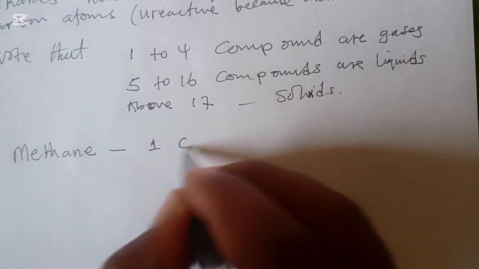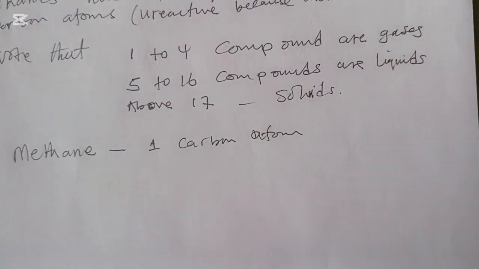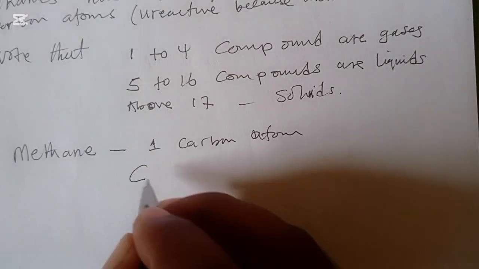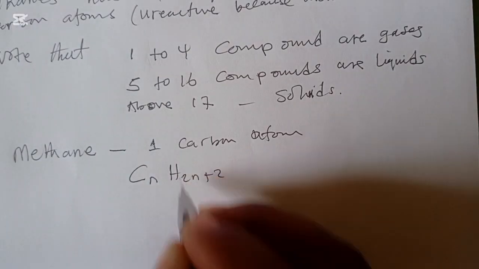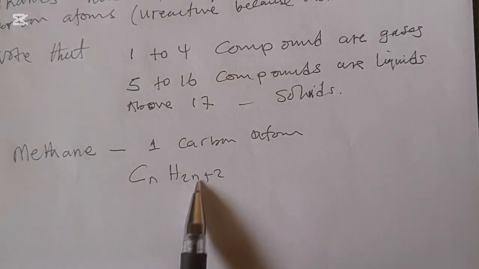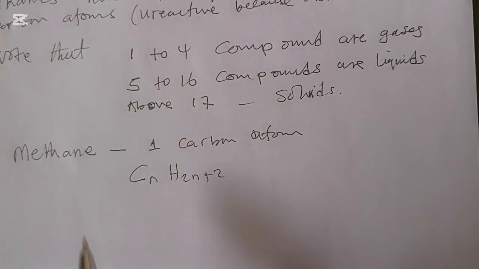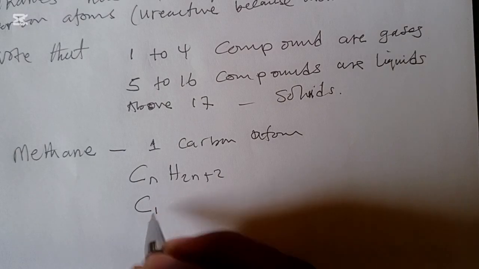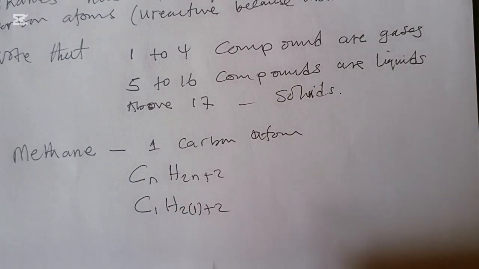So it has one carbon atom. When we look at the general formula that we have, it is C n H 2n plus 2, where n means the number of carbon atoms. So we are going to pick this one and put it there. So we have C1, H2 times 1 plus 2.